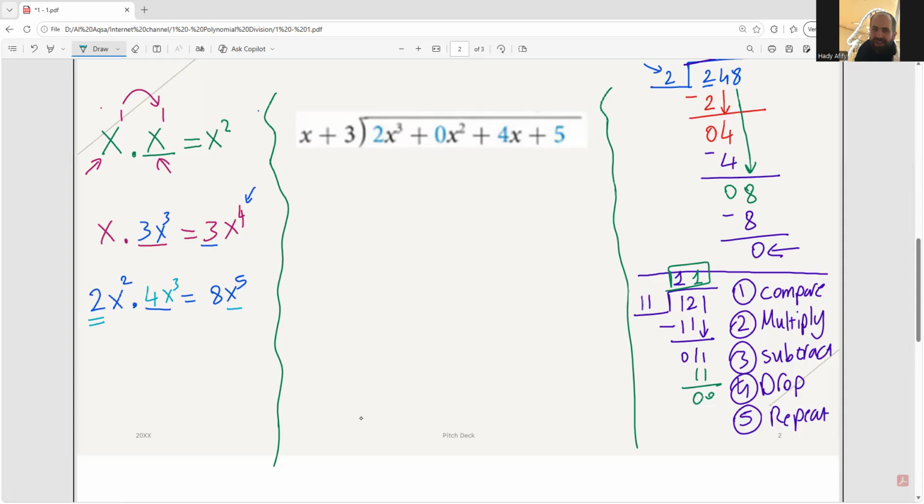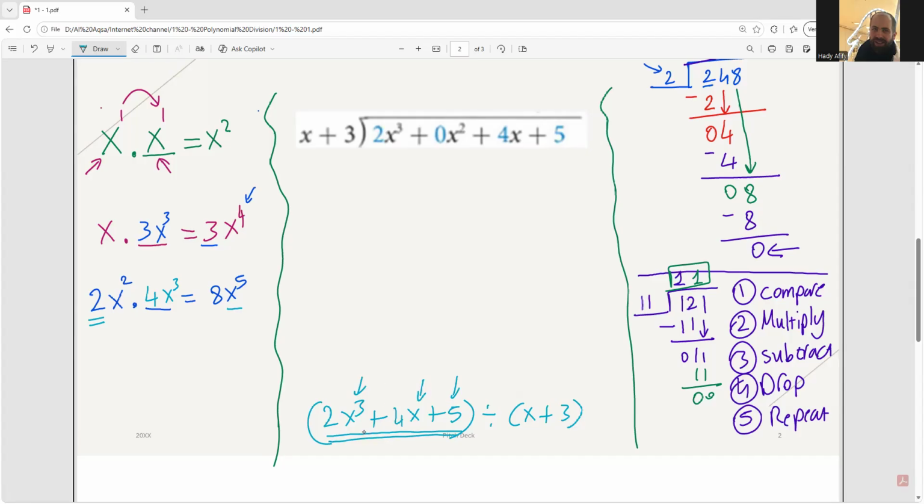So we have this problem. What is the problem actually? The problem says that you have 2x to the power of 3 plus 4x plus 5, all of this divided by the binomial x plus 3. And as we can see, there is no x squared. Here I have x to the power of 3, I have x to the power of 1, I have 5. The x to the power of 2 is missing.